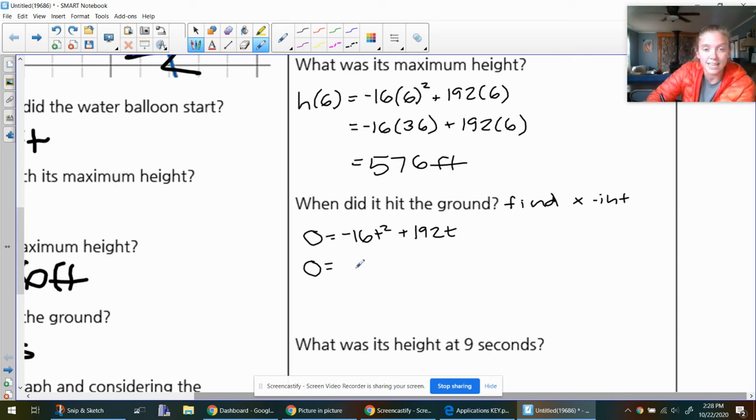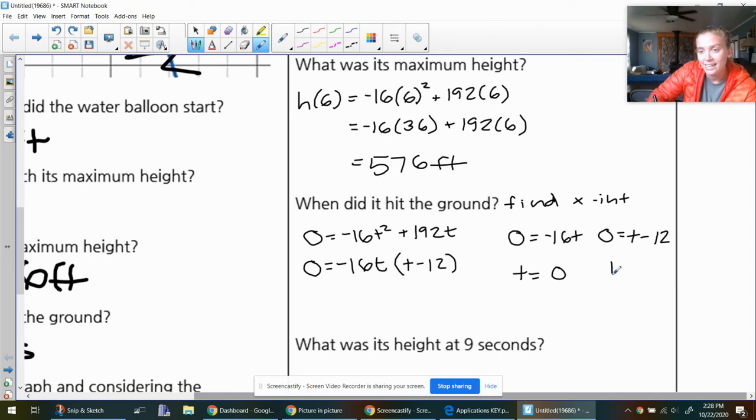So 0 equals negative 16t times t minus 12. Now I can split this into 0 equals negative 16t and 0 equals t minus 12. And that tells me that t equals 0 and t equals 12. So the two x-intercepts, where the line crosses the x-axis, are at 0 and 12. We know 0 is where it starts, so 12 must be when it hits the ground, so 12 seconds.